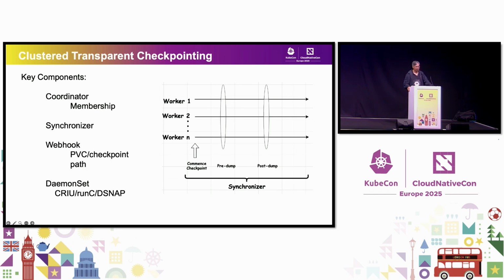Another component is the synchronizer. The synchronizer's job, as you can see on the right side, is to make sure all the workers, when they're invoking this CRI-O operation, are all doing it concurrently.